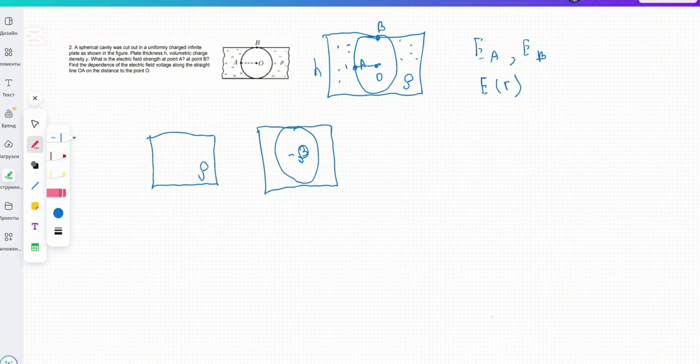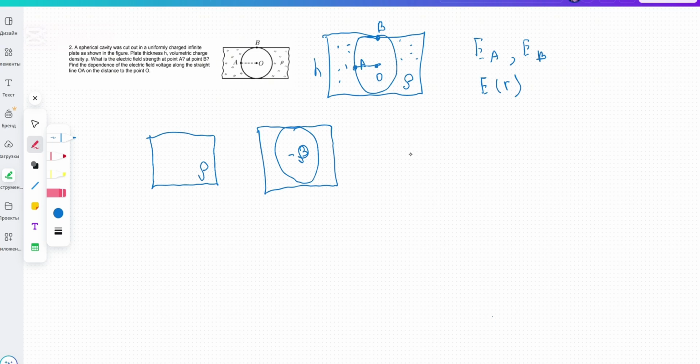So a uniformly charged plate with charge density plus rho, and a sphere with minus rho. The idea behind this approach is that the negative charge distribution cancels out the charge inside the cavity, creating the same effect as if there were no charge in that region.